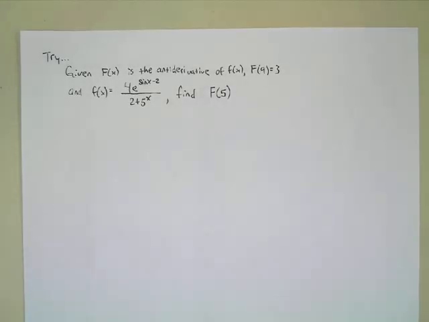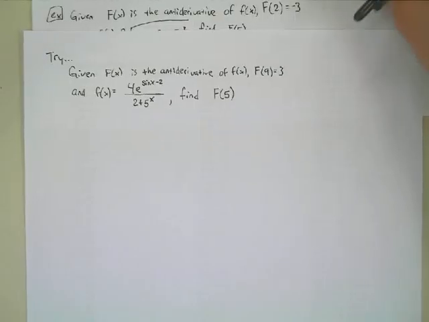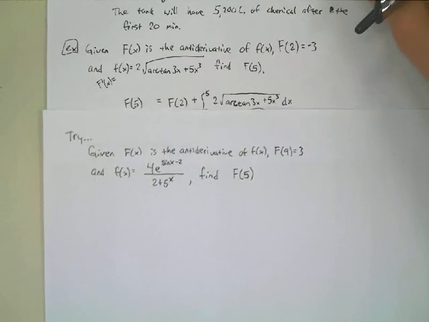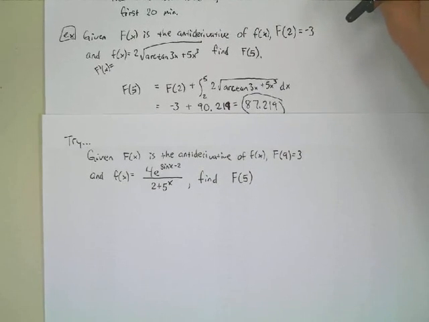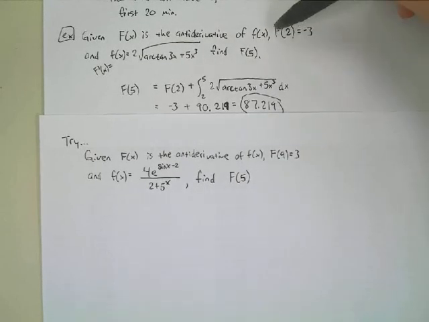Now I want to point something out here real quick. You guys are going to start this, but I just want to point one thing out to help. This is just like the problem we just did, except in the original problem we started at capital F of 2, and we wanted to go to capital F of 5. So our initial amount was at capital F of 2. We added the integral from 2 to 5 to get capital F of 5.